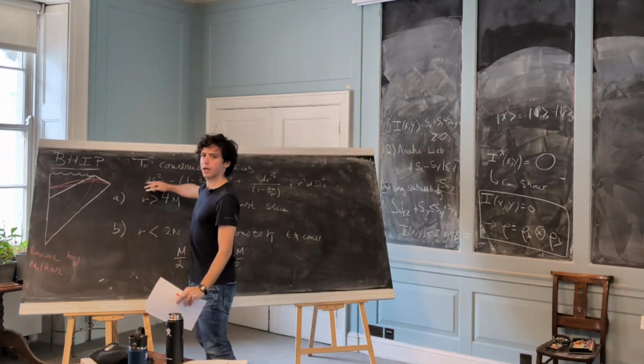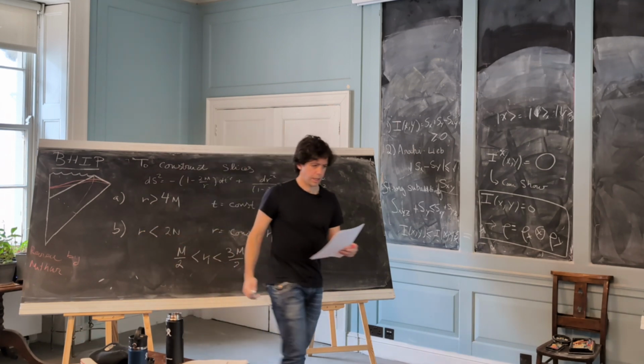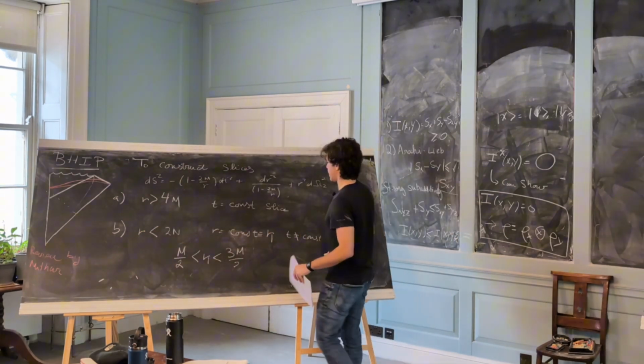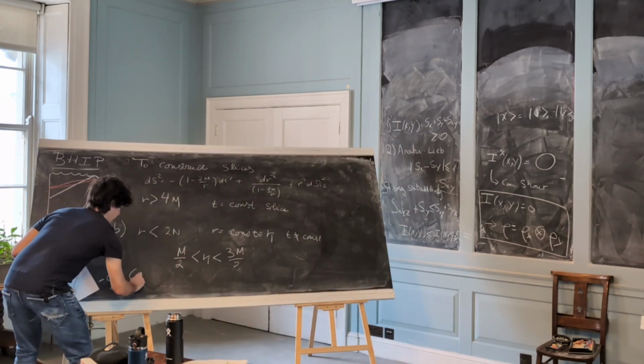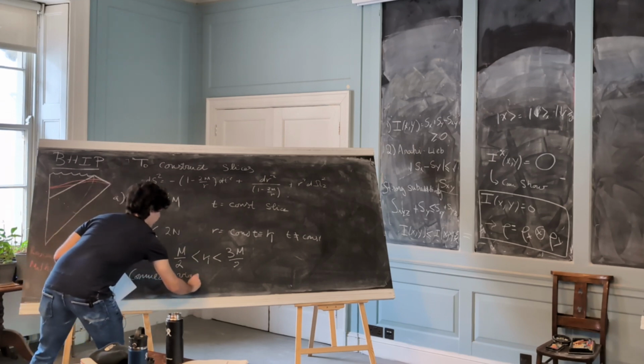So I've told you the large R behavior and the small R behavior. And now I need to tell you how I connect these. I connect via a smooth connector.